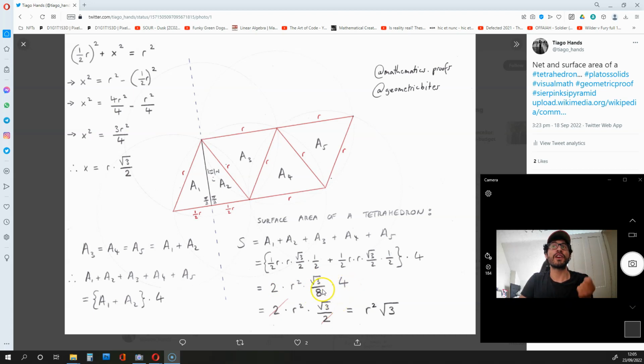Now, since 4 over 8 is equal to a half, what we end up with is 2r squared times root 3 over 2. And from here, if we cancel out the 2's, we end up with r squared times root 3 as the surface area of a tetrahedron. Okay, so that's how to derive the surface area of a tetrahedron from absolute scratch.